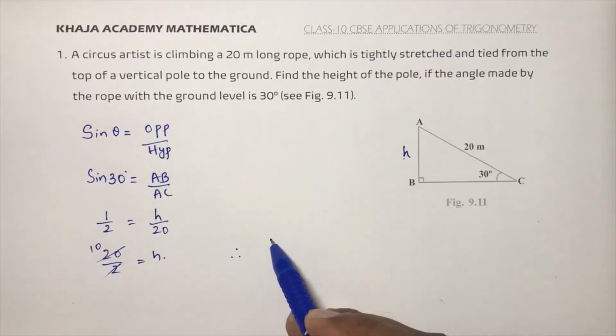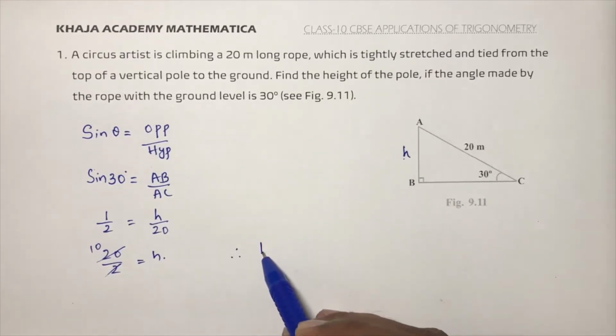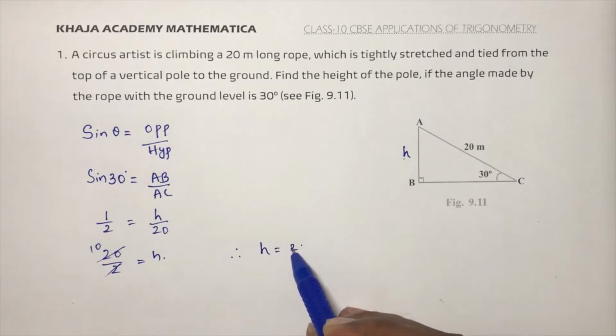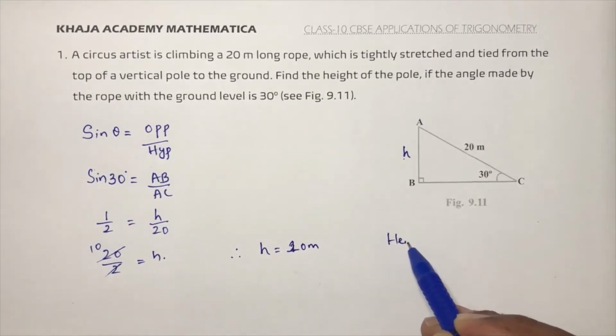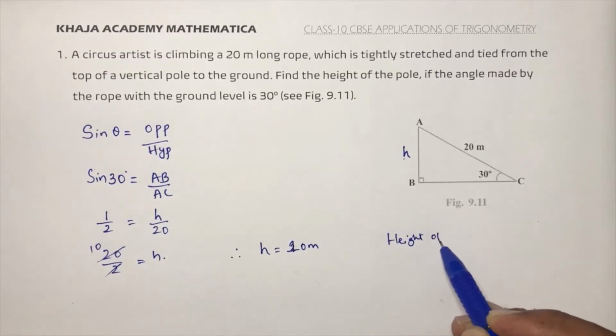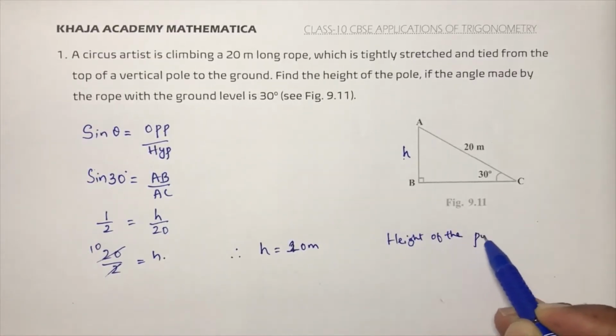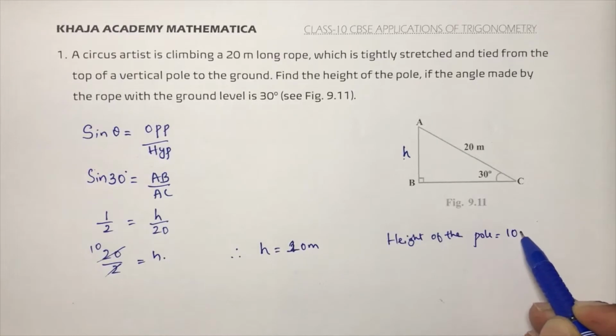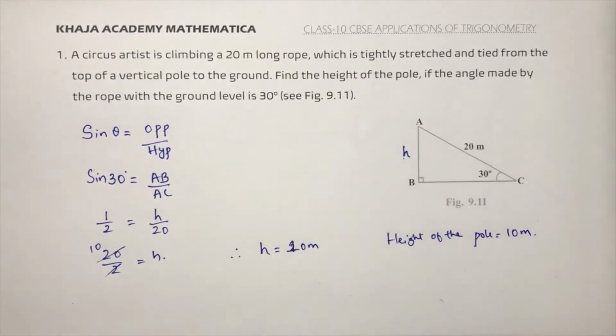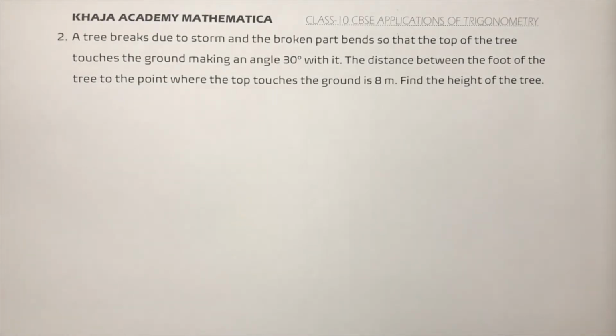Therefore, the height of the pole is 10 meters.